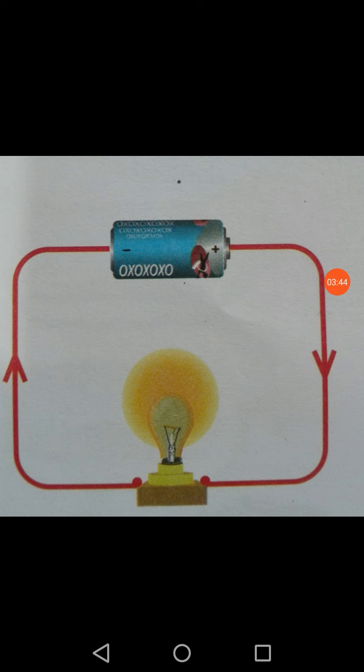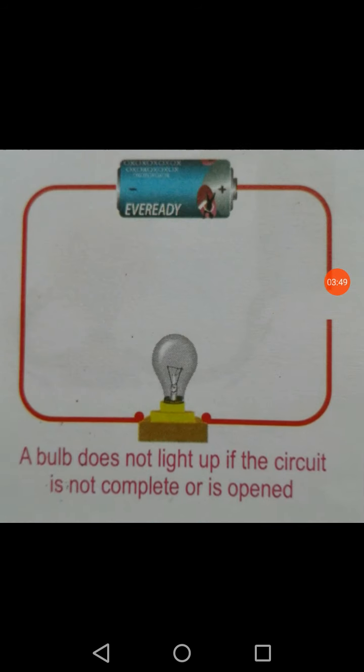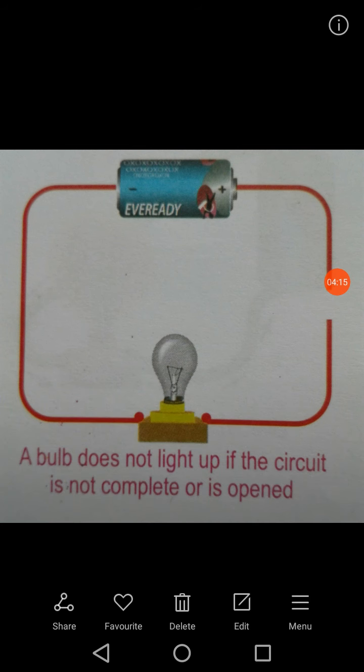Now we will go toward the incomplete electric circuit. If the connecting wires are not connected to each other or to the battery or the cell, then you will see that electric current will not pass to the bulb and the bulb will not glow.